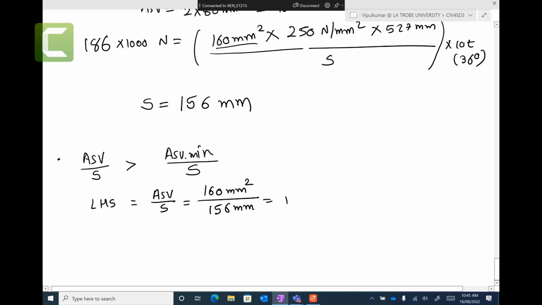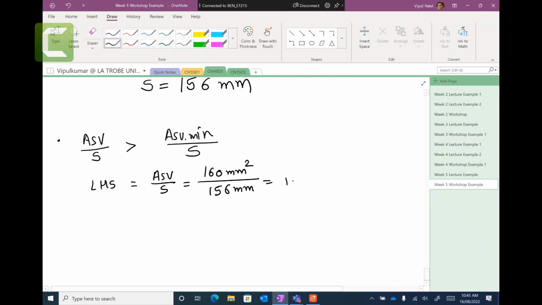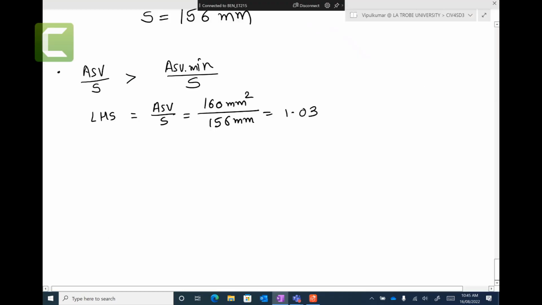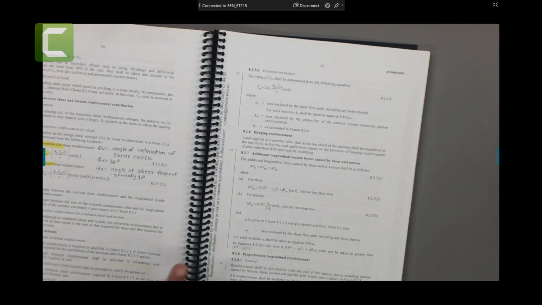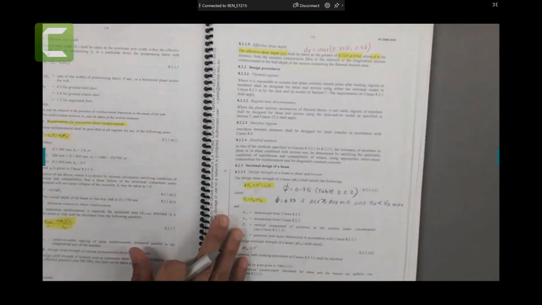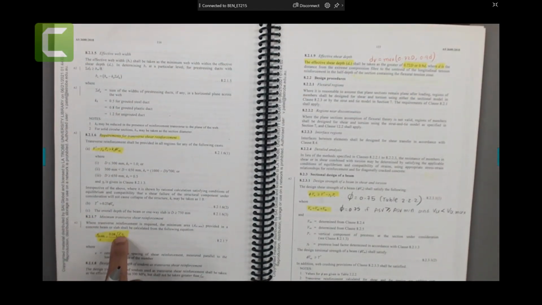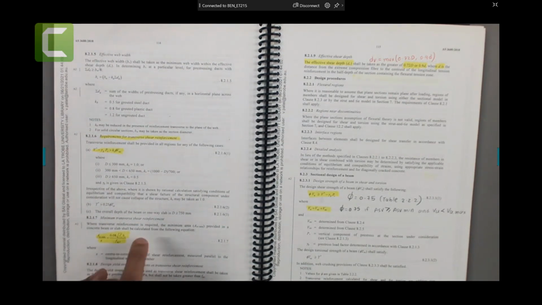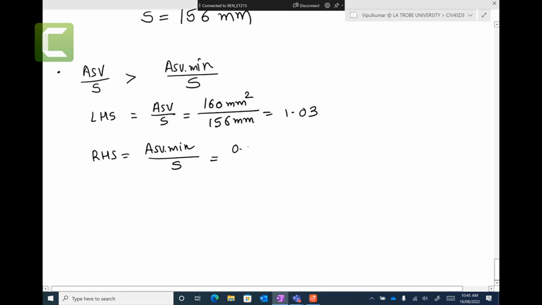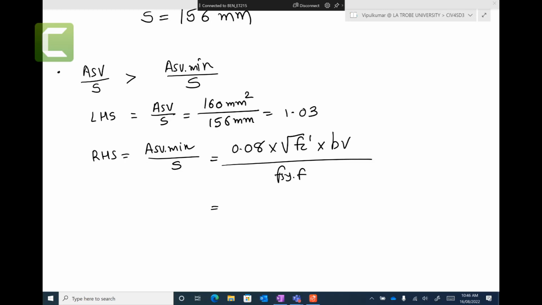1.03. Right hand side is equal to ASV minimum on S. I can show it to you under the standards, on page number 114, clause 8.2.1.7: 0.08 square root FC dash times BV on FSY.F.